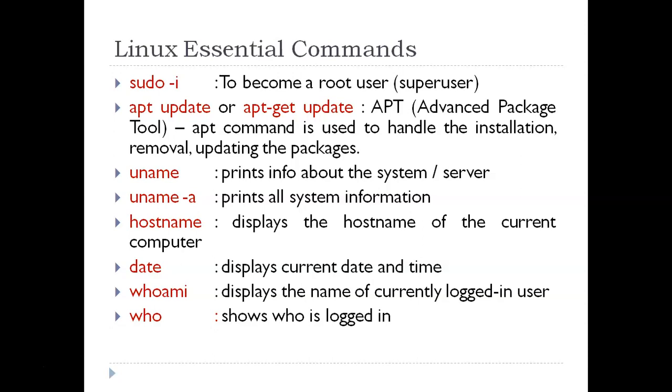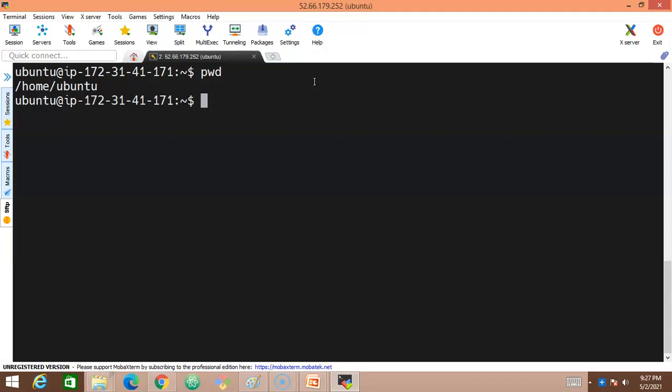So in order to become a root user, if you observe carefully, we have logged into this Linux machine with the help of an Ubuntu user. But the Ubuntu user will not have all privileges to perform any operation on this Linux server. So who will have? Only the root user will have all privileges. Every privilege will be given to the root user.